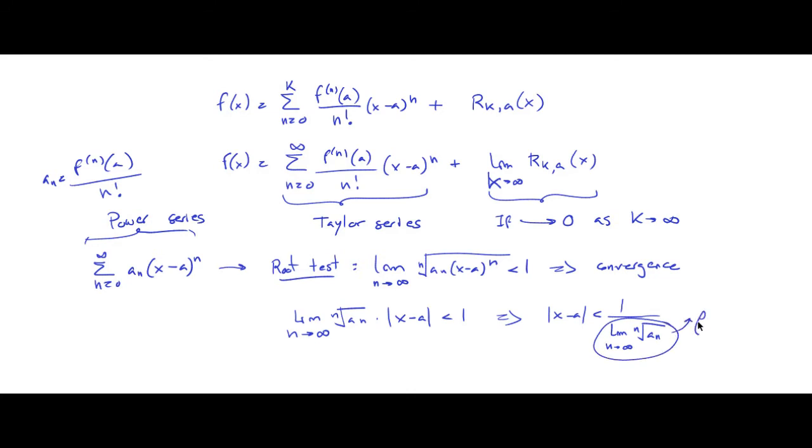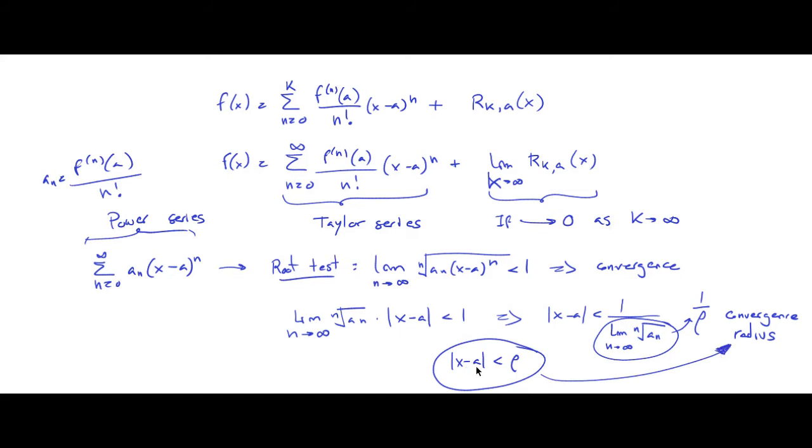And so we call this the convergence radius. It gives a sense that 1 over rho is the convergence radius, because this means that x minus a has to be smaller than rho, the convergence radius.